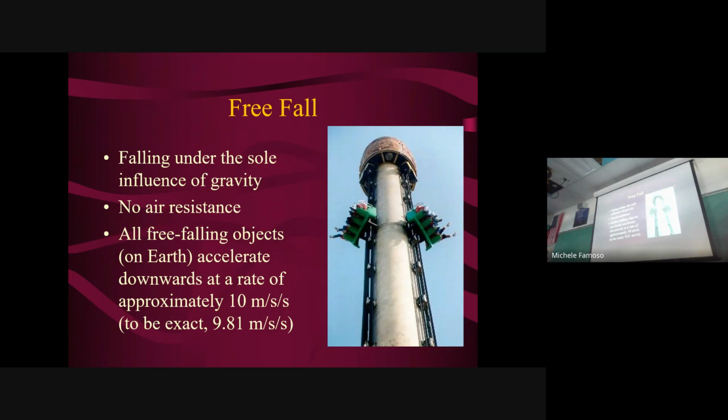So when we deal with something in free fall here on Earth, what that means is that they are accelerating downward at about 10 meters per second per second. If I want to be precise about that, we're going to use a value of 9.81 meters per second squared to describe that acceleration.